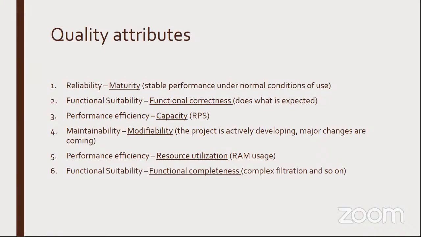Next, maintainability, modifiability. It's important because really active development is going on right now. As I know, a lot of new features are coming, like sharding, clustering, and so on. And new releases, as I remember, in June there will be one.